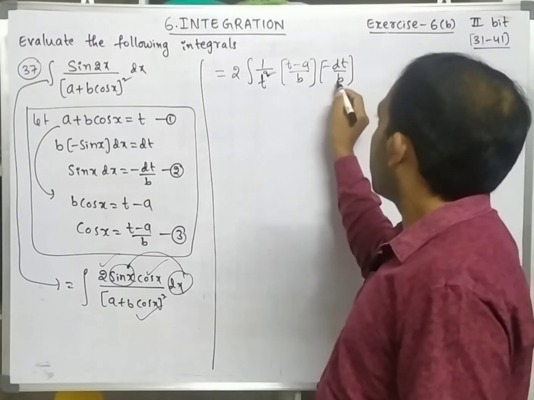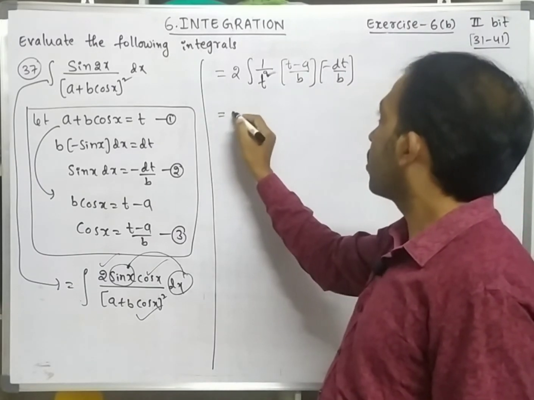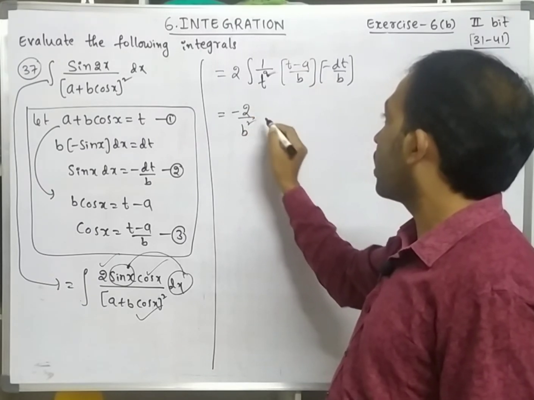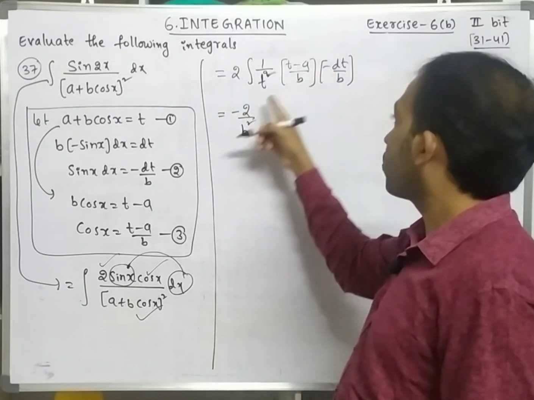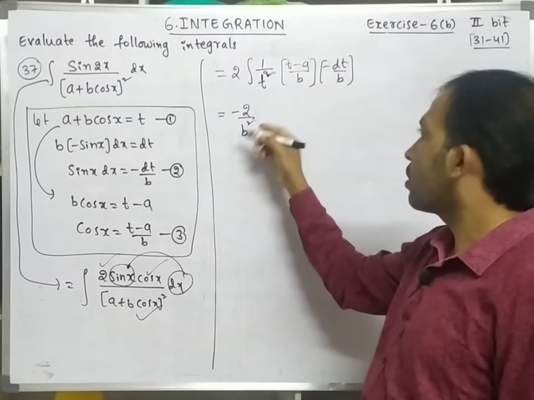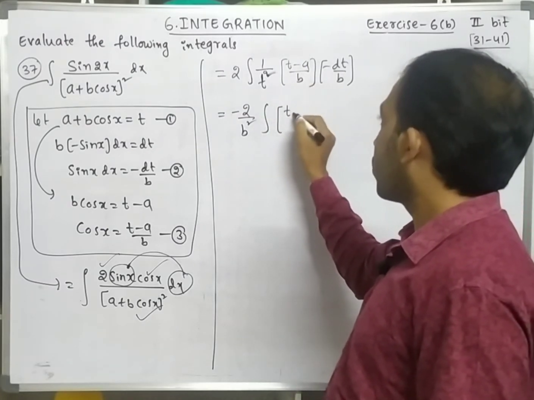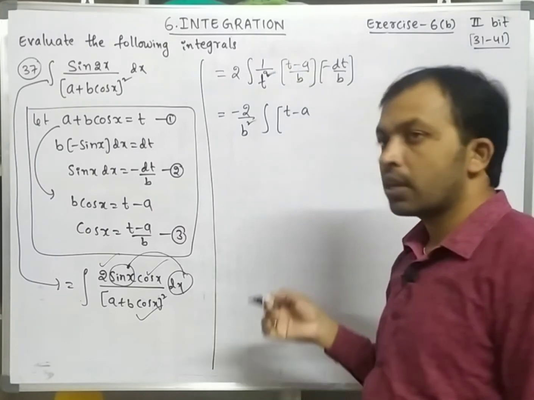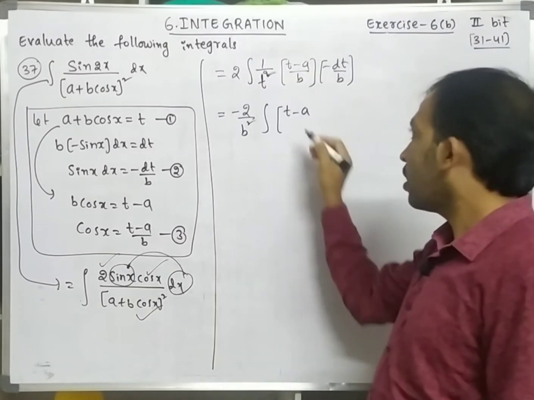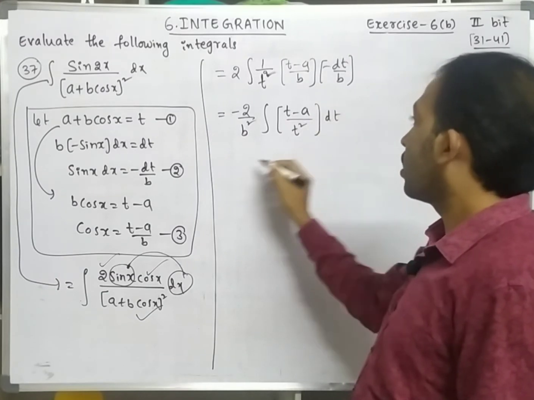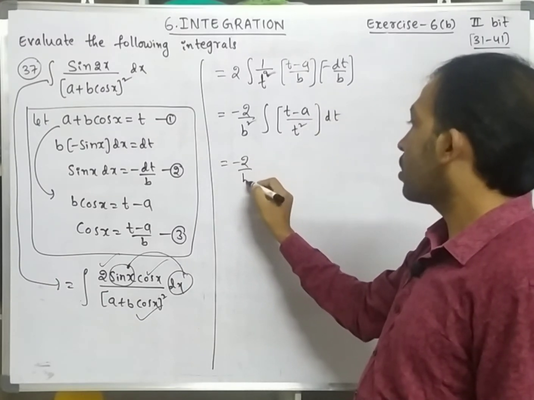Now b into b, b square, so this is minus 2 by b square right outside. These are the constants right outside. So the integrand is (t minus a) by t square into dt. Now this is constant.